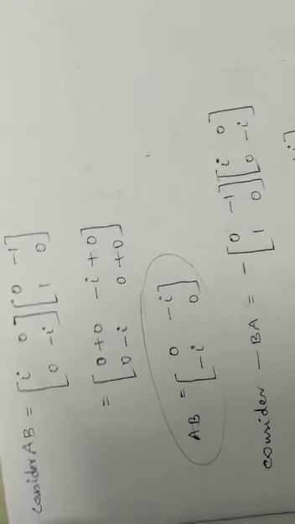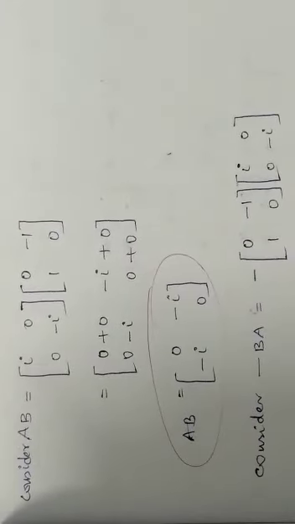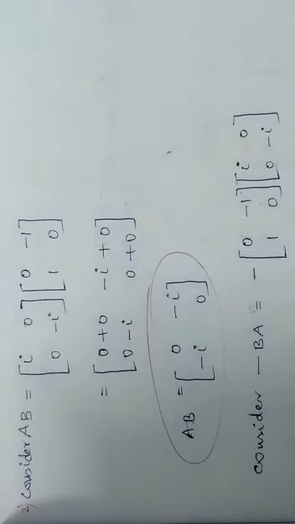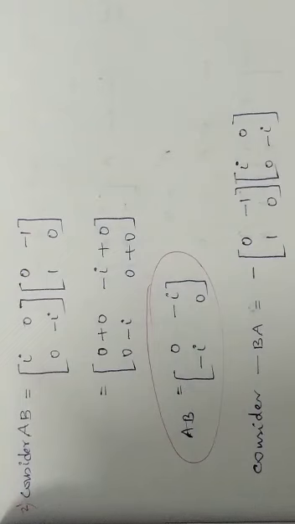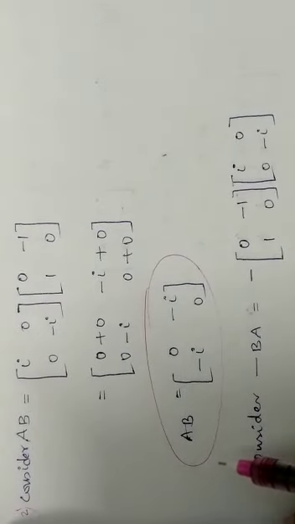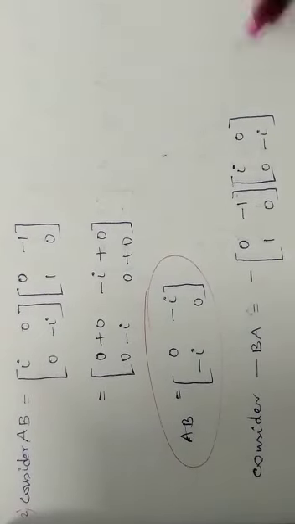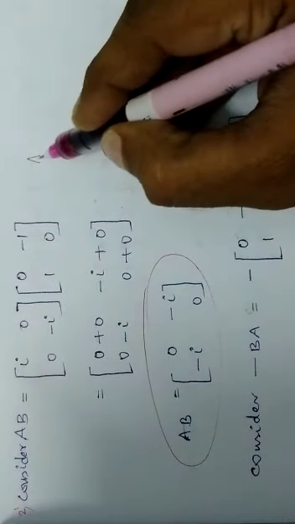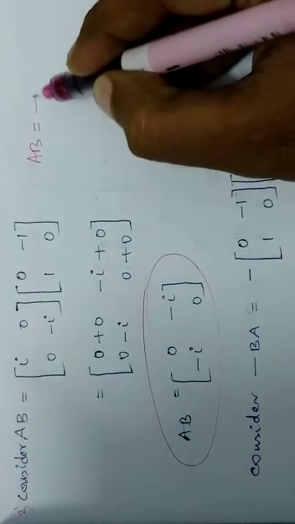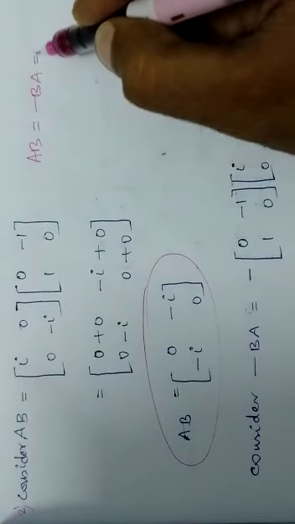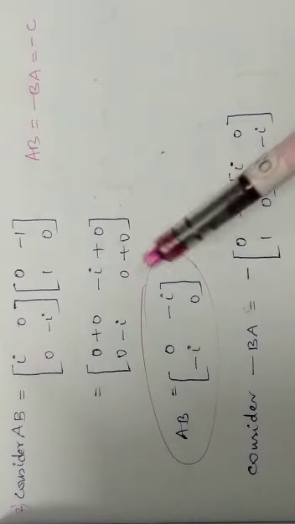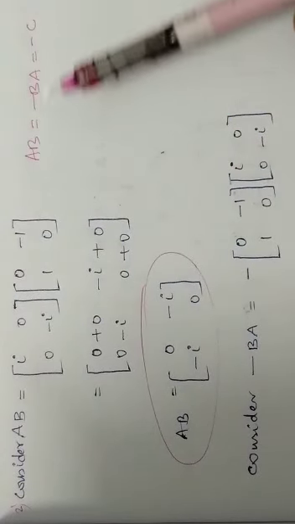Now the second bit in this problem. What is the second bit in this problem? We have to show AB equal to minus BA equal to minus C. We have to prove AB equal to minus BA equal to minus C. We have to prove that all these three matrices are equal.